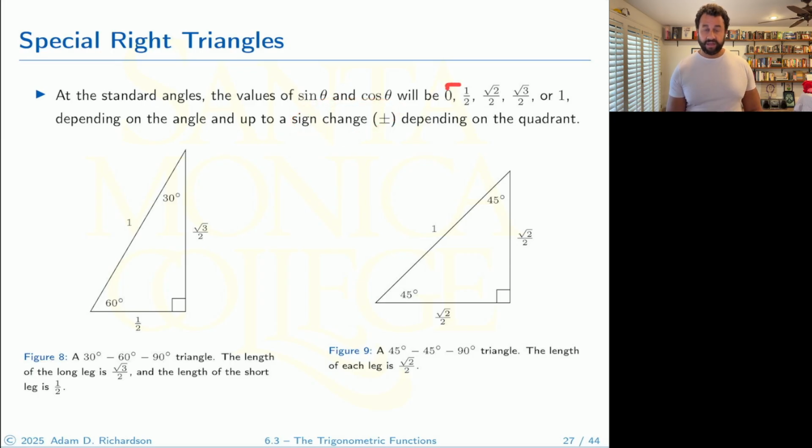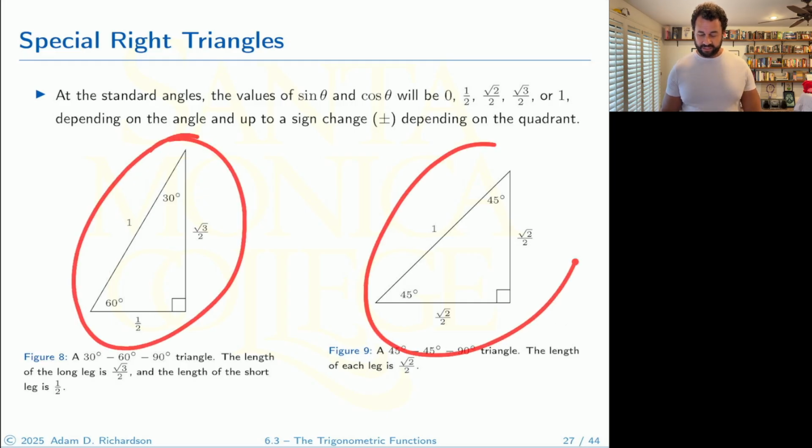So it might be negative 1/2, negative root 3 over 2, negative root 2 over 2, or negative 1, or something like that. But it's always going to be those numbers plus or minus every single time at all the standard angles. Okay, so that's why you commit these to memory.